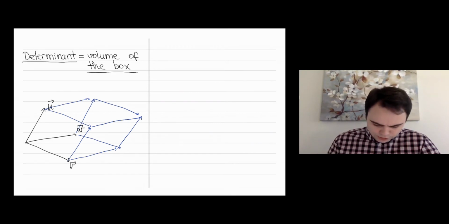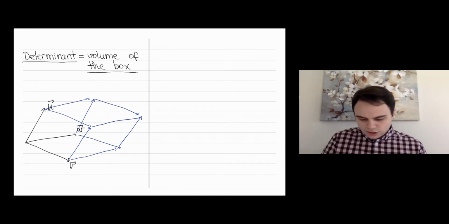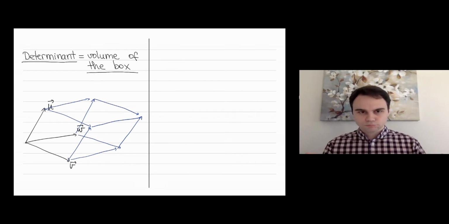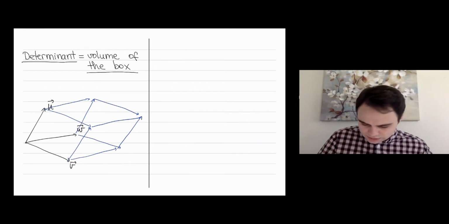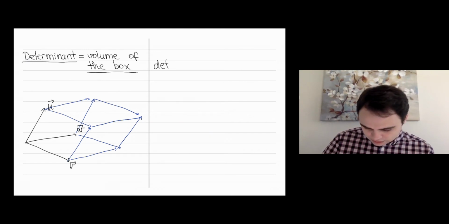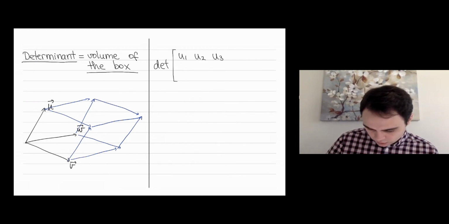And here I drew the general setup. You start with three vectors, u, v, and w. Then using copies of these three vectors, you can build a box. And it turns out that the determinant, if I start with a matrix with entries, any matrix will have this shape, right?